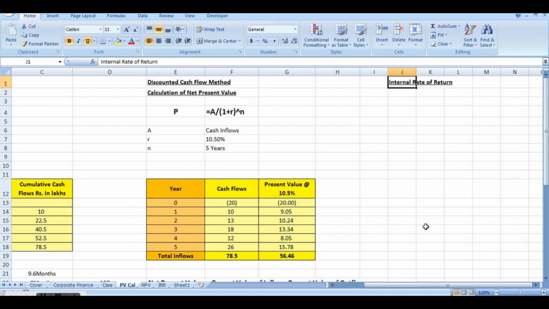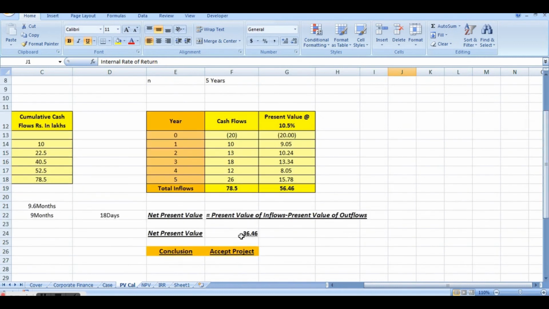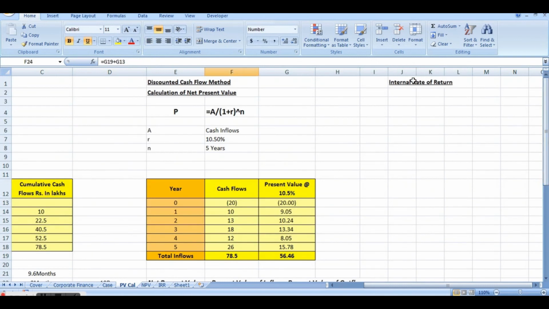or this works as a benchmark for the organization, that how much minimum the organization should earn so that the NPV does not go negative. Anything over and above the internal rate of return is a plus or profit for the organization. Now how is internal rate of return calculated?